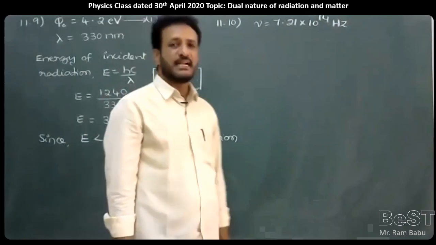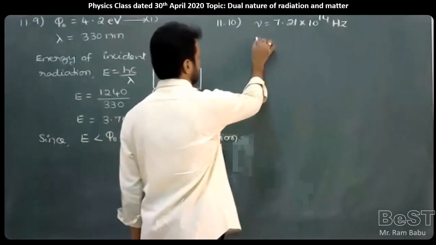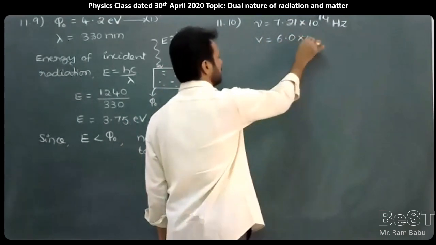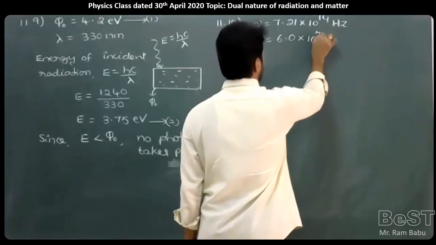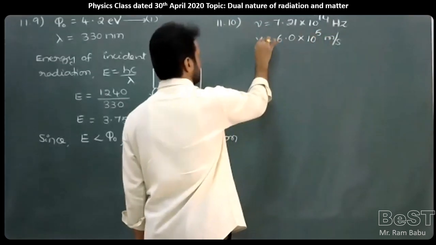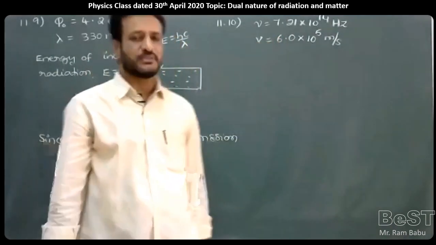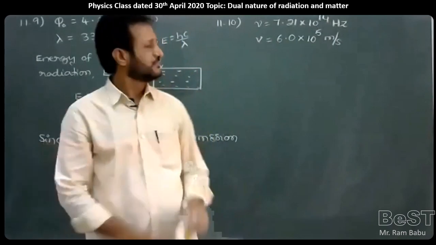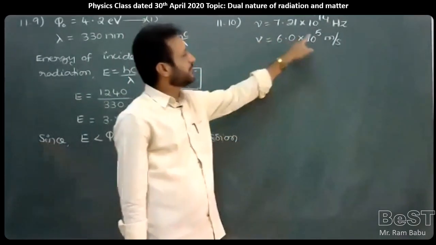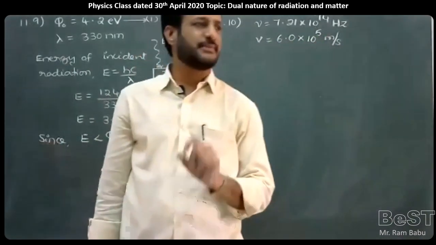Electrons with a maximum speed of 6.0 into 10 to the power of 5 meter per second are ejected from the metal surface.